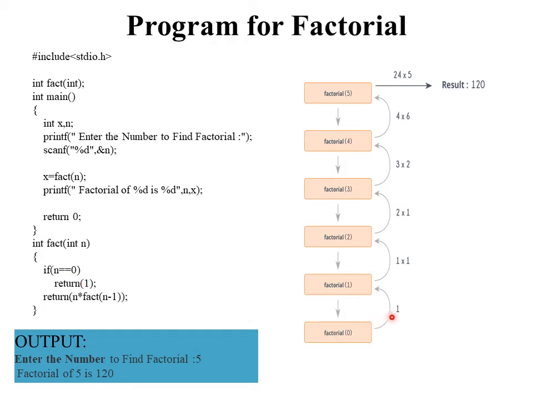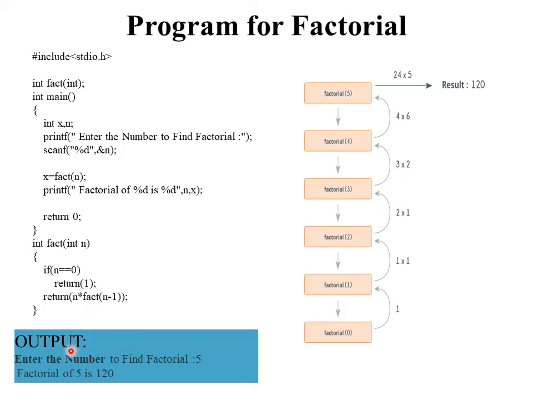Now 1 into 1 is 1, 1 into 2 is 2, 2 into 3 is 6, 6 into 4 is 24 and 24 into 5 is 120. This function calling itself is called recursion.